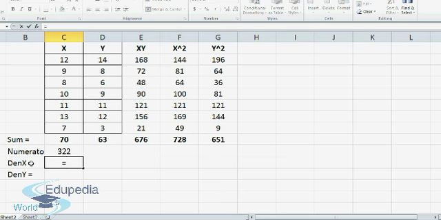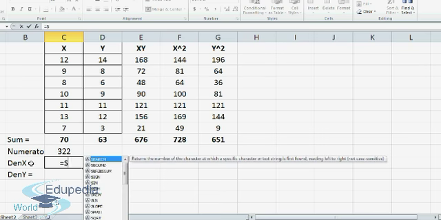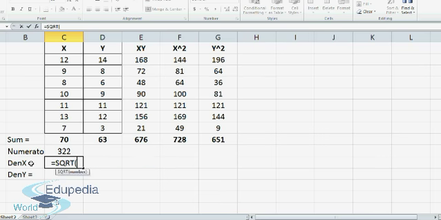Now x, we have square root of 7 multiplied by 728 minus the square of 70, this raised to power 2. This also, although it's not needed.